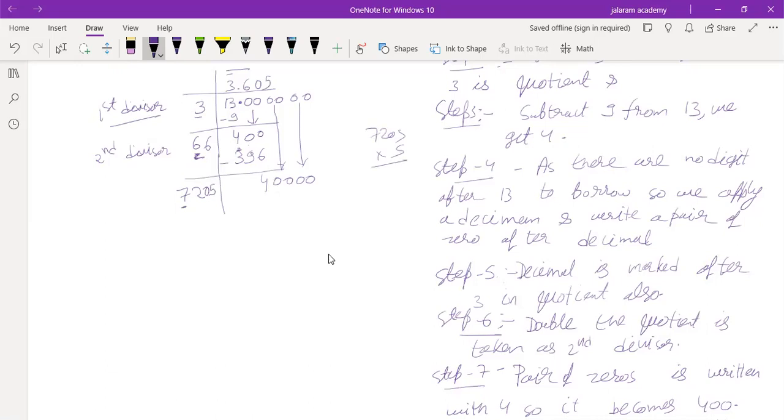So we get 36,025. So this is the approximate square root of 13, which is 3.605. Using the same method, we can find the square root for more than 3 digits also.